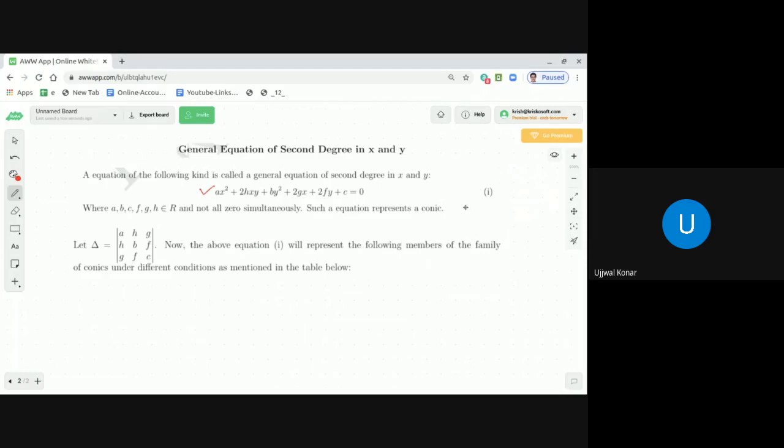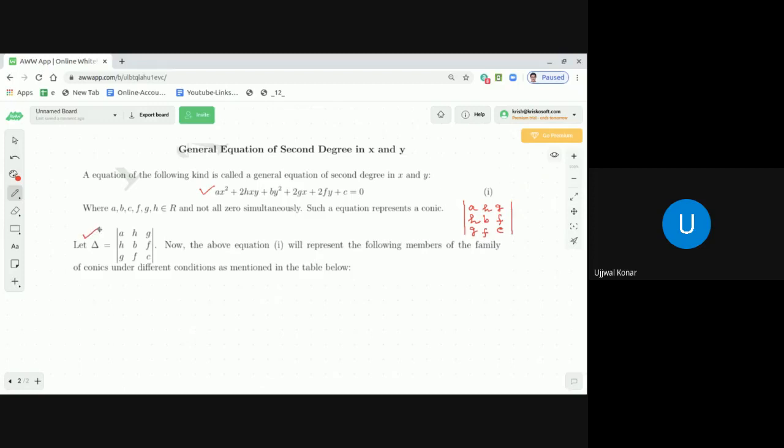The way you need to write it is that first you draw this, then A, B, C will be in the corners, then F, G, H, and F, G, H. So we define the value of this determinant as delta.